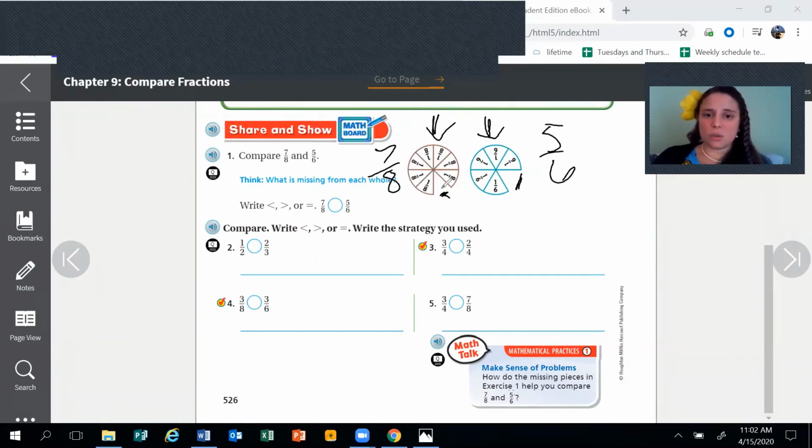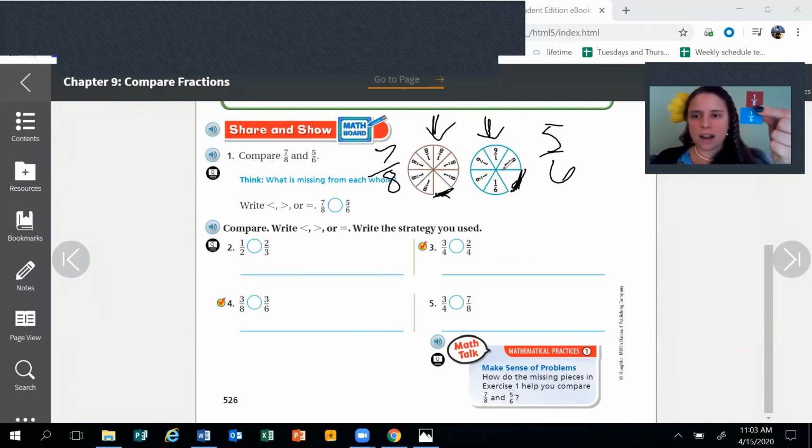Okay, and they didn't draw that missing piece. Okay, so we need to figure out which one is bigger. So you can look at the pieces, but they're almost the same size, aren't they? So I'm going to go ahead and pull out my fraction strip pieces because that helps me a little bit better because these are good size.